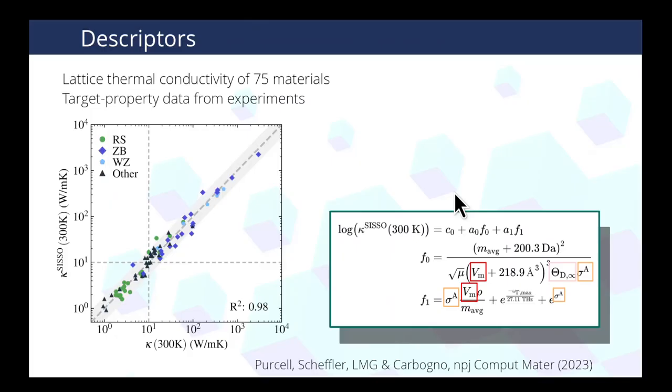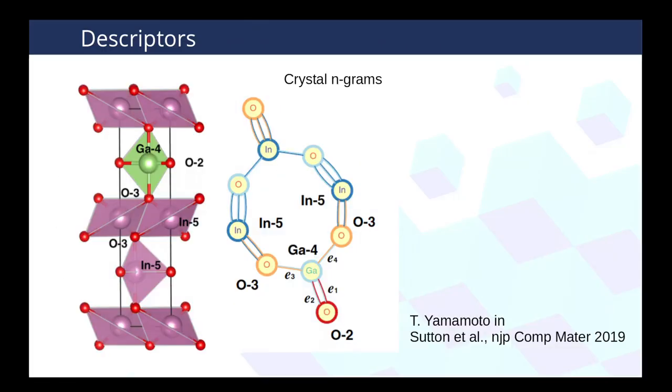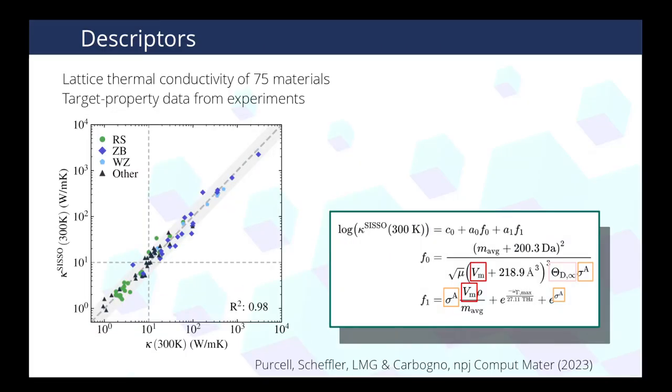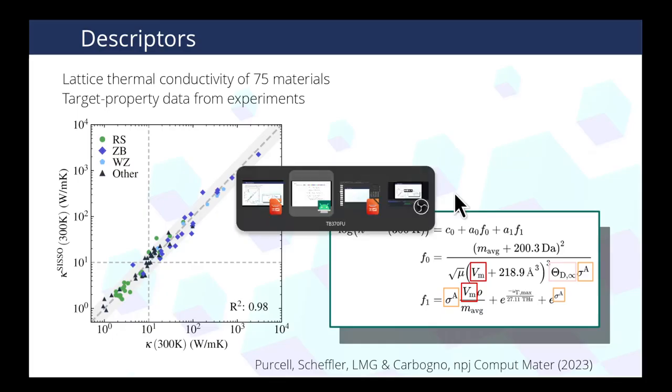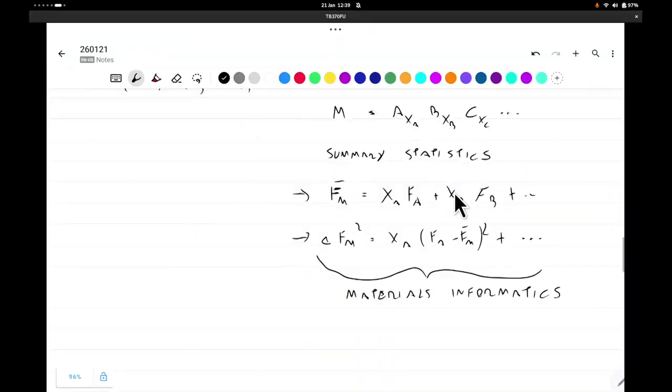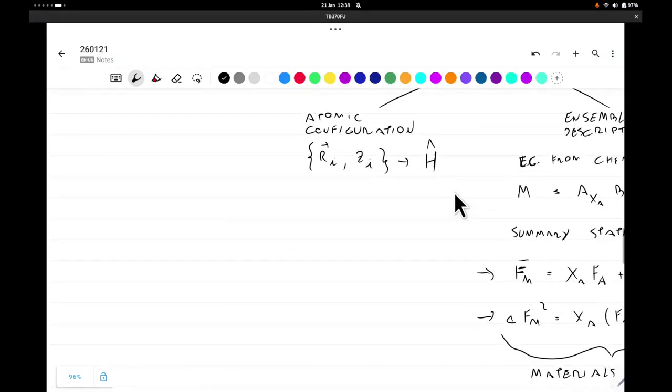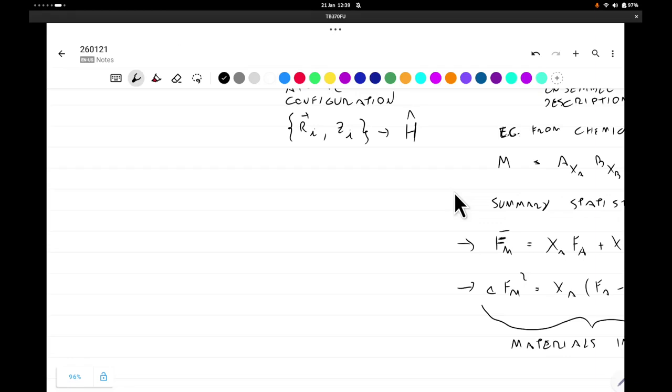So these are examples from literature. The other class here starts from the atomic configuration, and there is another kind of forking here.